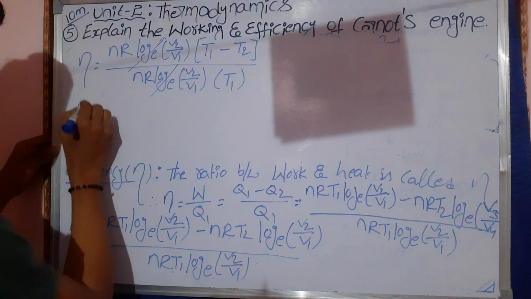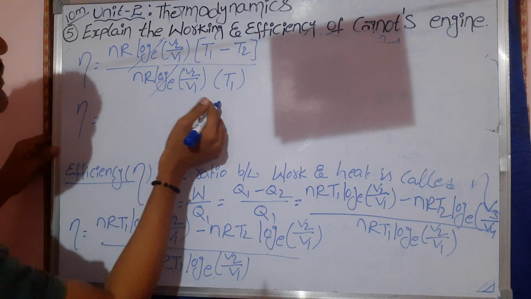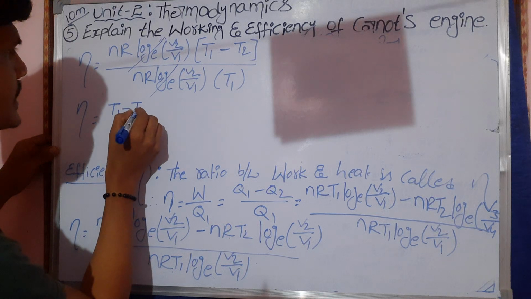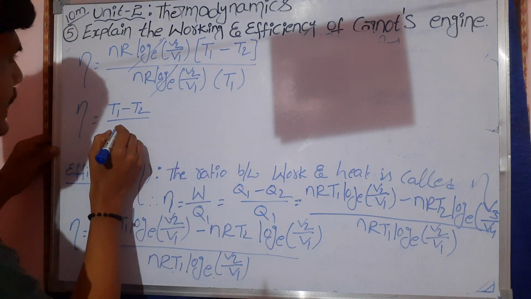Remaining equation: eta equals T1 minus T2 by T1.